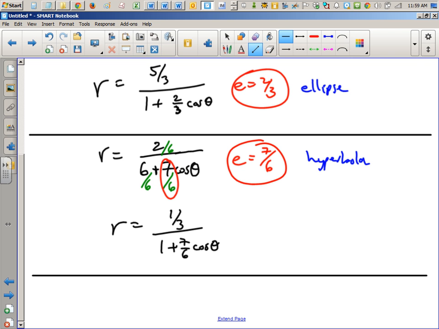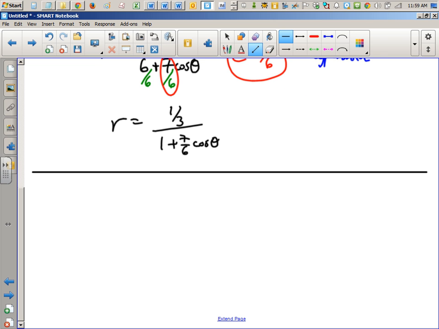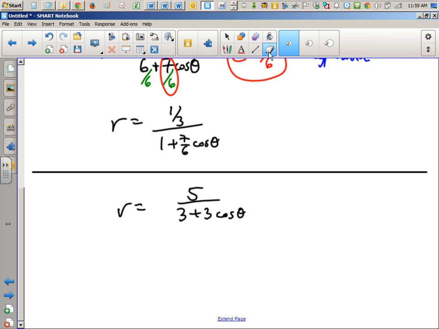Okay, now let's go to the next one. How about r equals 5 over 3 plus 3 cosine theta? Or in fact, just for fun, let's change this to a sine now. It doesn't matter, okay? It just rotates 90 degrees, all that happens. But let's go ahead and identify the eccentricity.